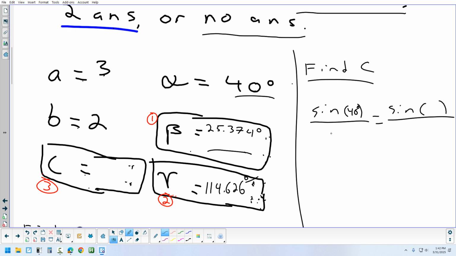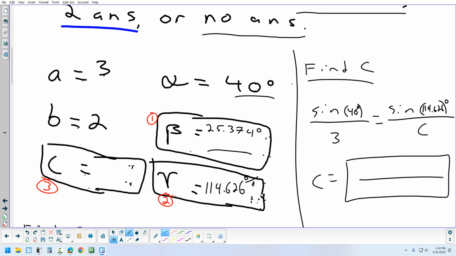And then sine 114.626 over C. And when we cross multiply, what's going to be inside that box? 30 sine 114.626 over sine 40. Yep. So except for having to check that second answer and realize it didn't work, everything else here was really the same as the first two.